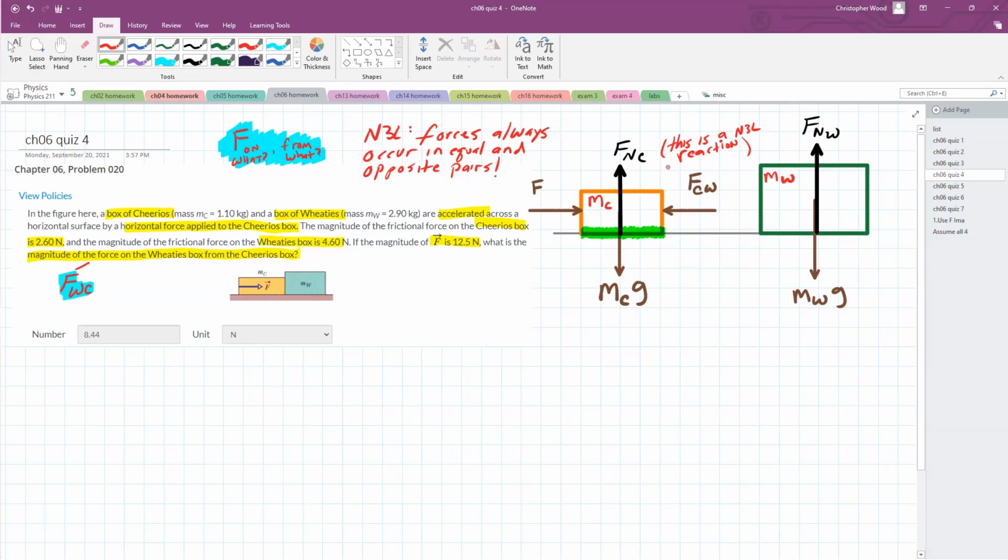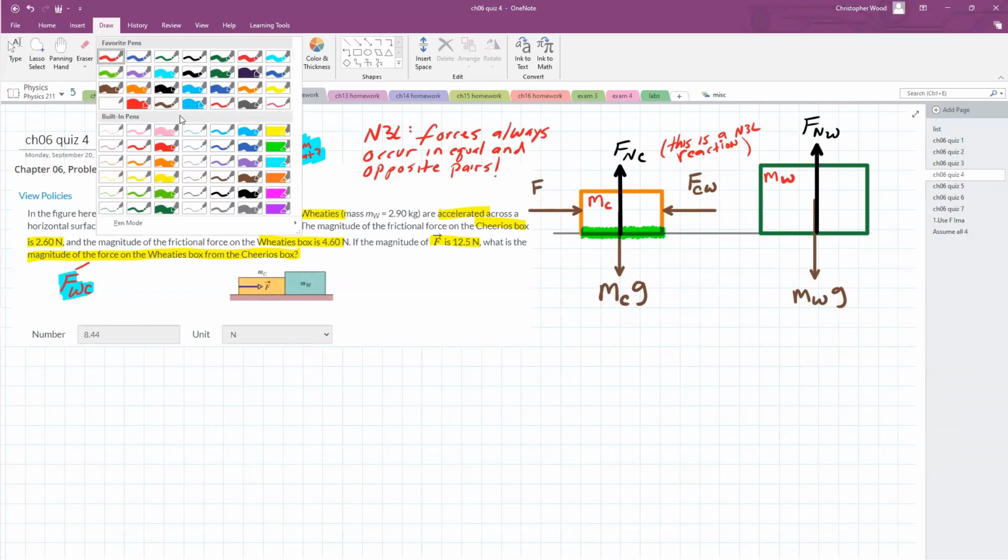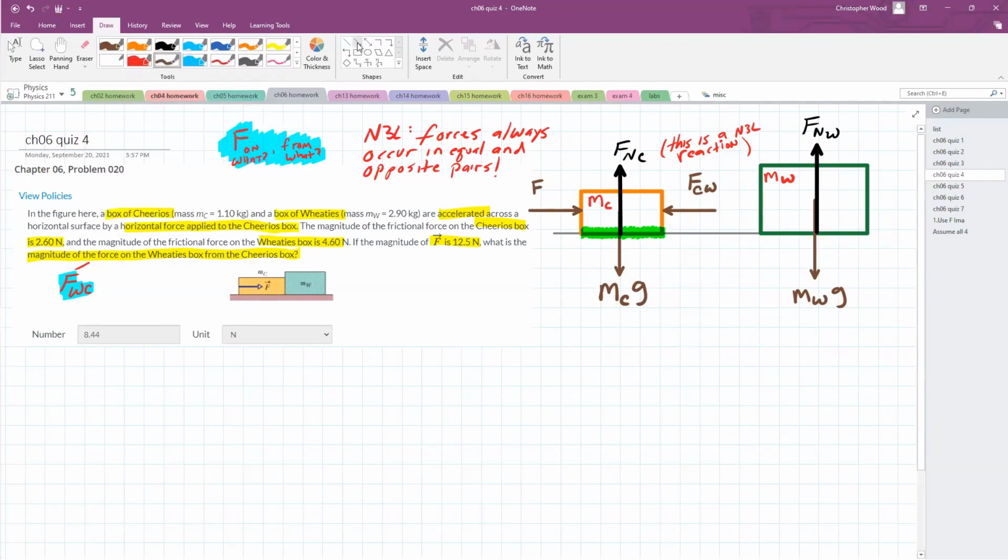What else do I have? Oh, and you know what? I actually forgot a force for the Cheerios. I forgot friction force. So let me add that right now. Here's the friction force. I know it's going in that direction. So this is the friction force acting on the Cheerios, because the boxes are moving.